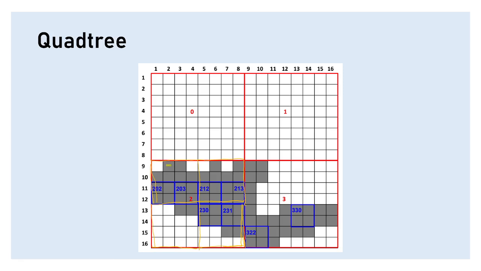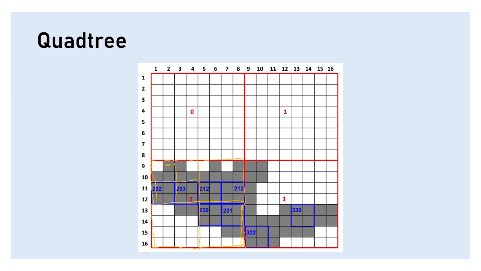We are looking at quadrant 2 right now. It is again divided into 4 quadrants, and further each quadrant will be divided into smaller quadrants. For example, this one will again be divided into 4 quadrants.